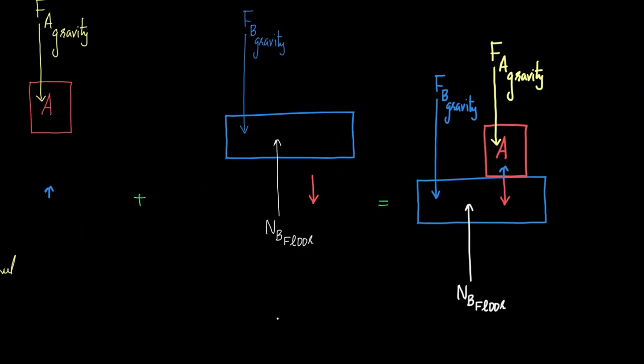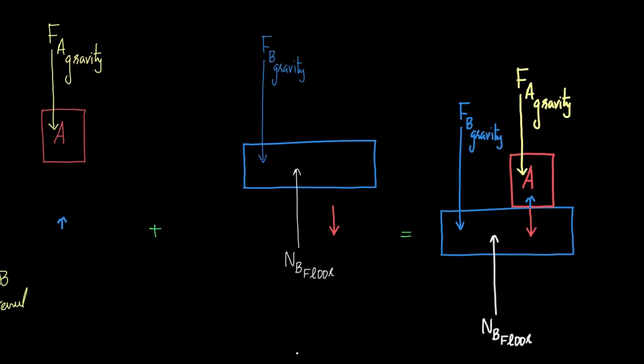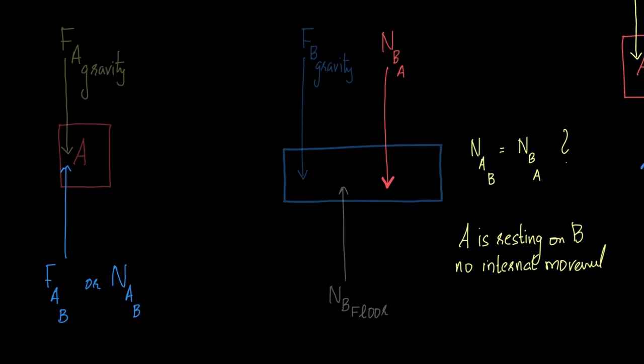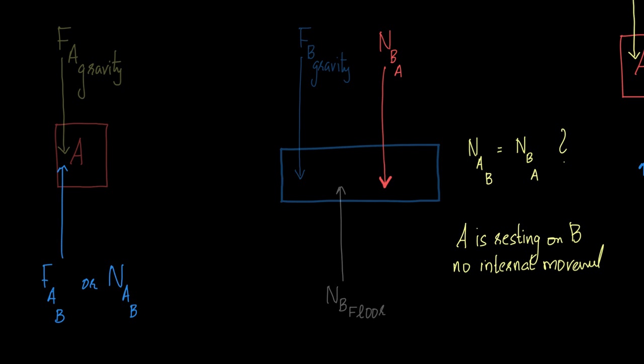if I consider this diagram, I can say that these two forces are equal and therefore they can be cancelled off. How do we do that?